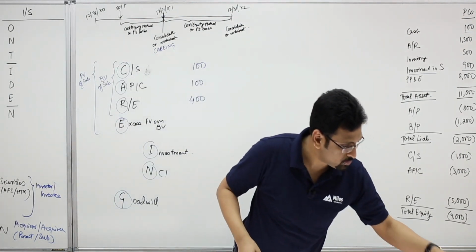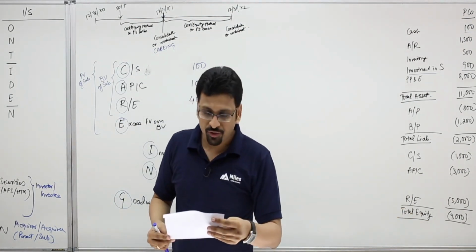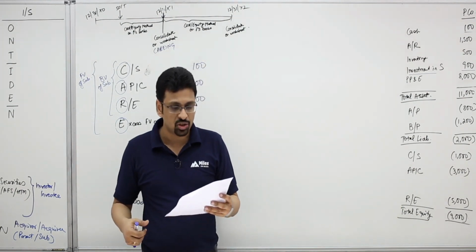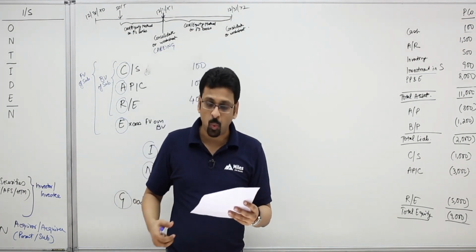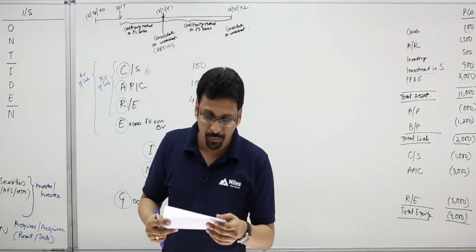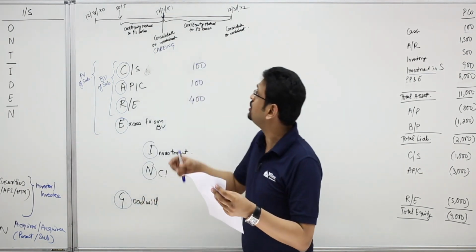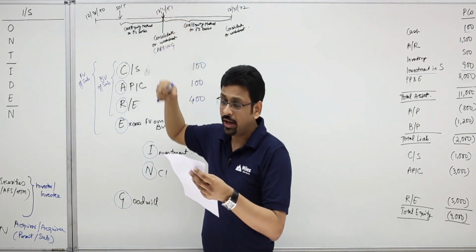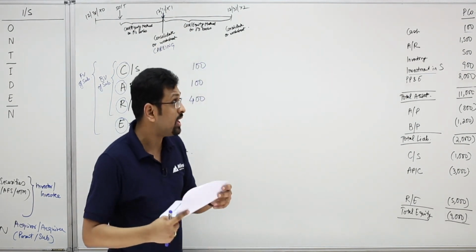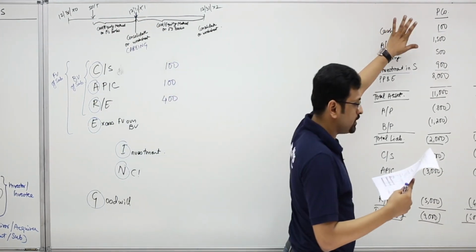Excess fair value over book value. Let's look at the example. It says, using facts from the first example on consolidation, assume that P company, the parent, acquired all of the stock of S company in an acquisition on 31st December year 1, for a payment of $900 cash. So we already adjusted the cash here.